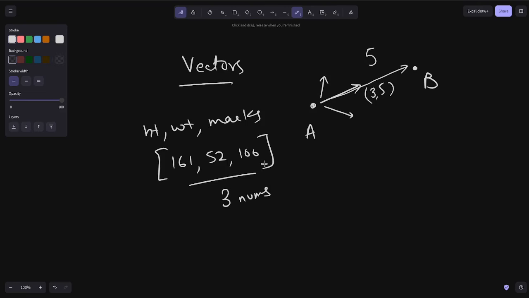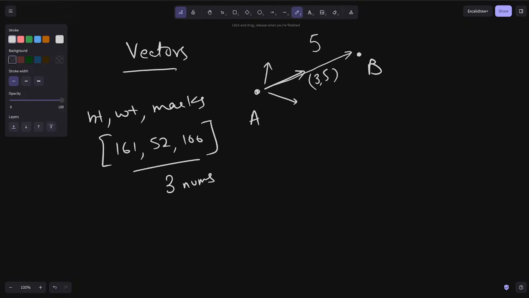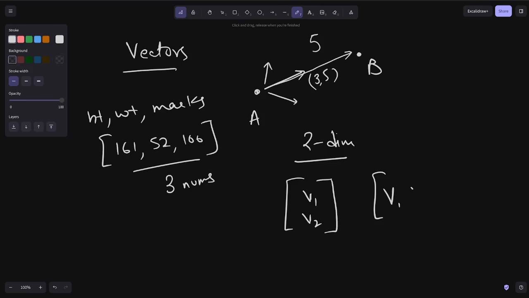After understanding how a vector works, let's work with two-dimensional vectors for now. So two-dimensional, you can name something like a column vector. Let's say v1, v2. This is a column vector, and let this be a row vector.